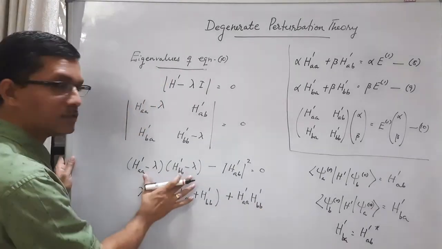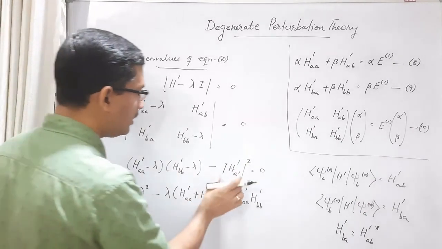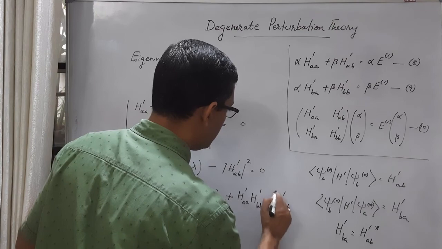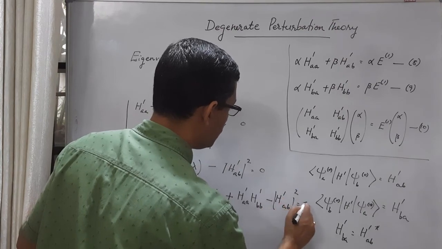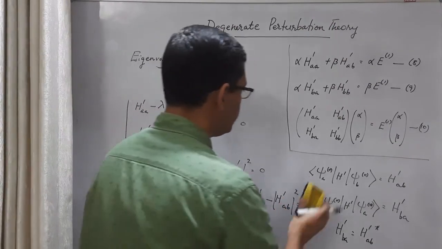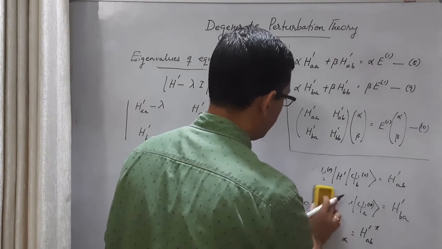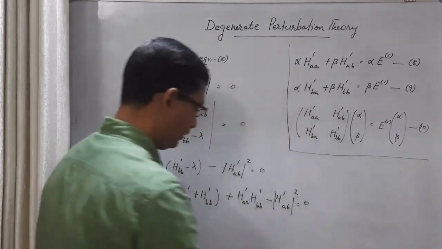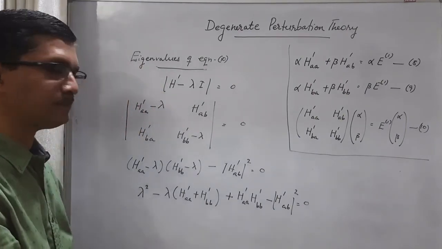This is the expansion of the two brackets, and there is this term also, minus modulus H prime AB square equal to 0. Now this is a quadratic equation in lambda.